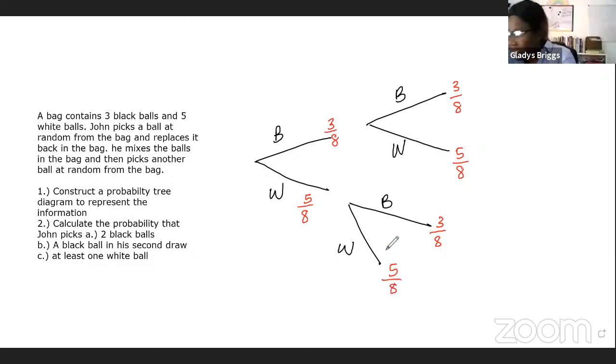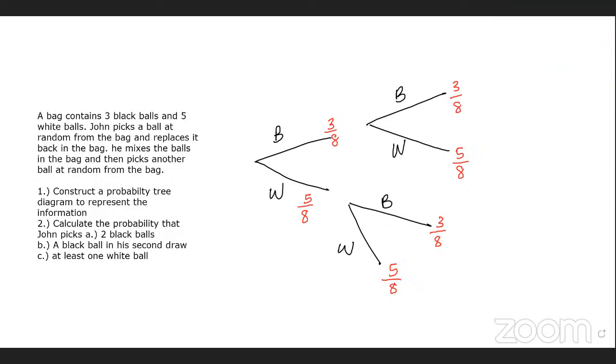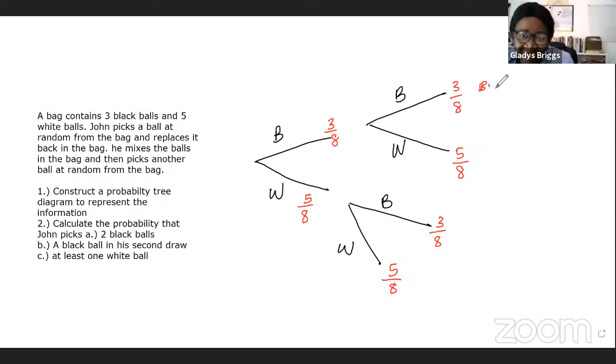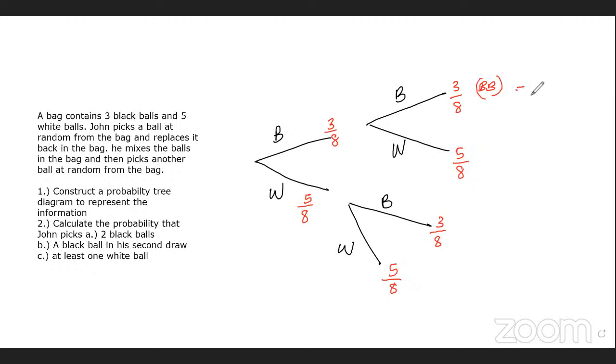Okay. So now we need to answer the questions. What are the answers then? You will put black and black. It will be 3/8 times 3/8, which is 9/64.